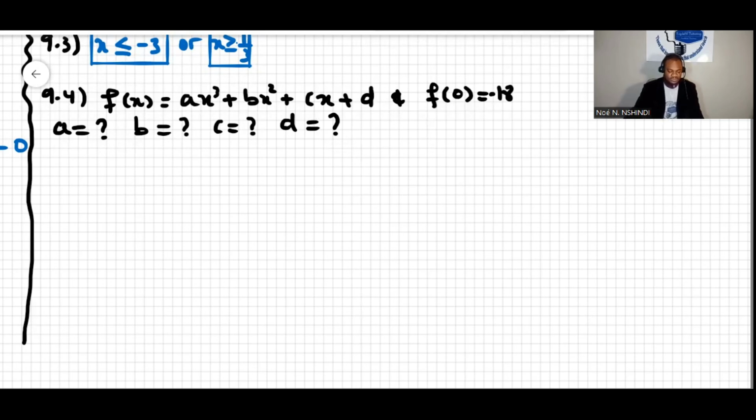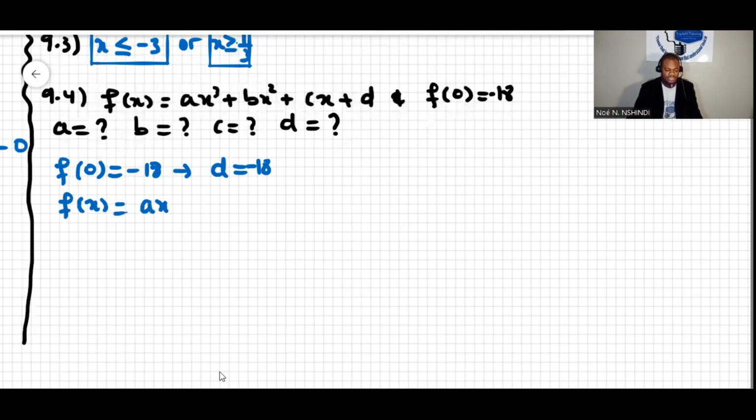So f of 0 equals -18. This implies that d equals -18. That's the value of d. So the same function now will be written as f of x equals ax cubed plus bx squared plus cx minus 18.